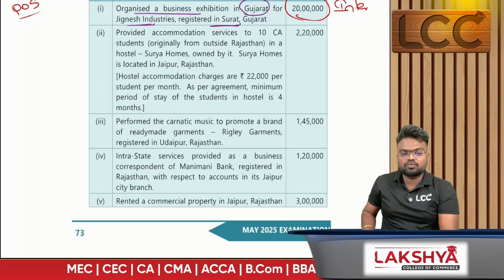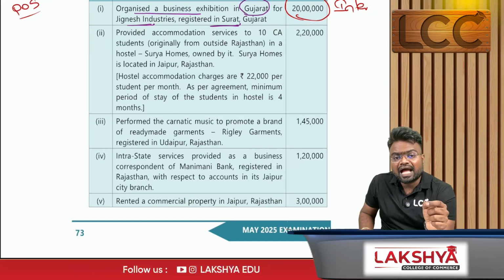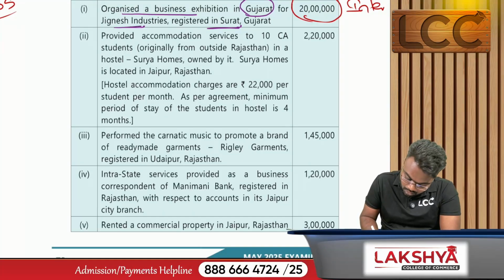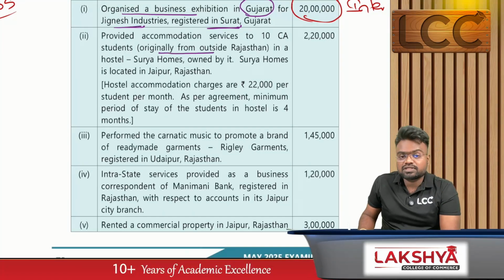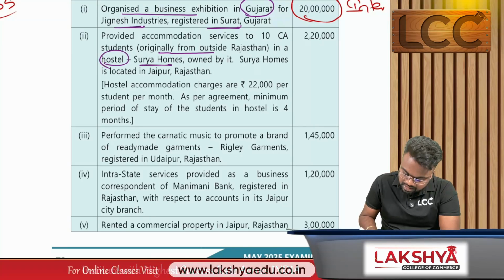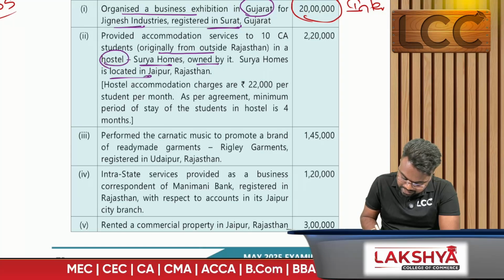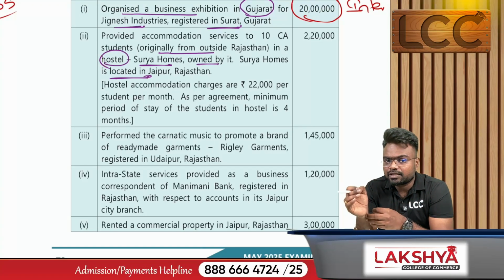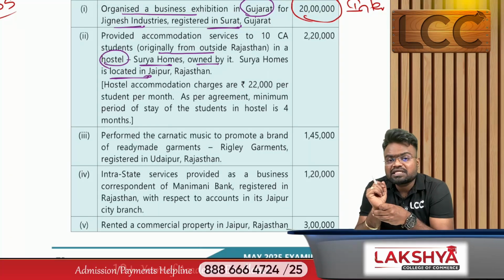Next, point number 2. What is point number 2? Provided accommodation services to 10 CA students originally from outside Rajasthan in a hostel, Surya Homes, owned by it. Surya Homes is located in Jaipur, Rajasthan. So when anything is related to immovable property, what is the place of supply?